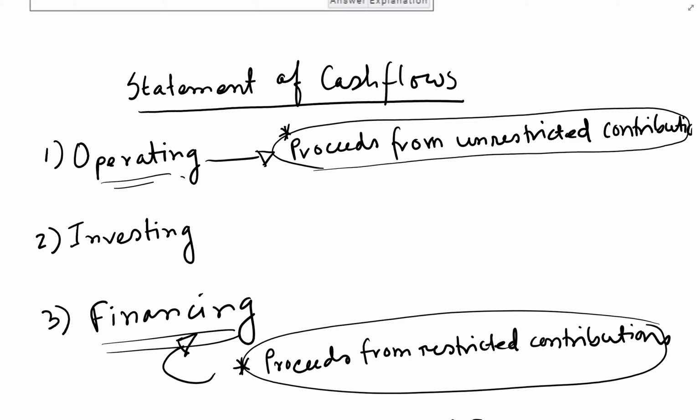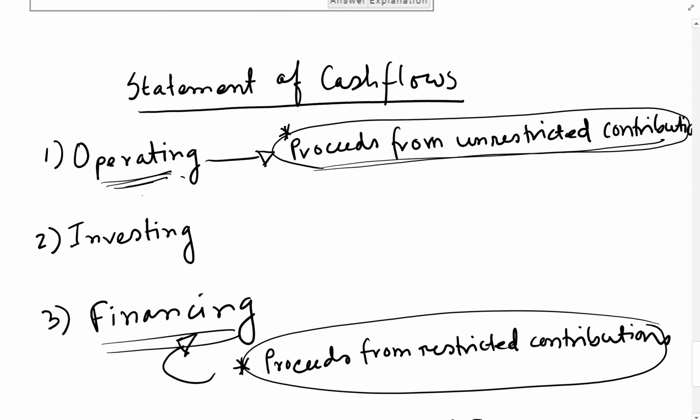That will be under the operating activities part. But you also have to remember that if they receive any proceeds or any contribution from a donor and there are no restrictions, that will also be a part of the operating activities. That means any proceeds or any unrestricted contributions, any cash received without donor restrictions, will be under the operating part.